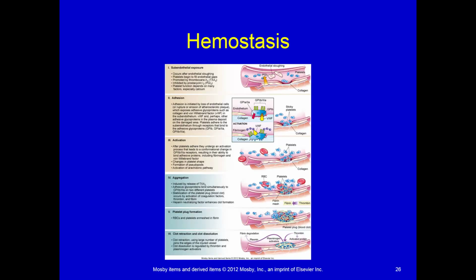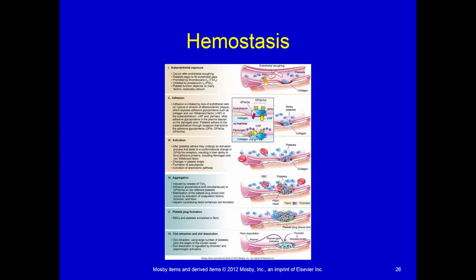What's the point of that? Right. It keeps the bad stuff there, but it also keeps the good stuff there to fight that bad stuff. So it keeps all that important stuff in one site so that it's not floating around, becoming diluted, and not sticking to that site of damage to do its work. Very good. So that's what's happening in aggregation.